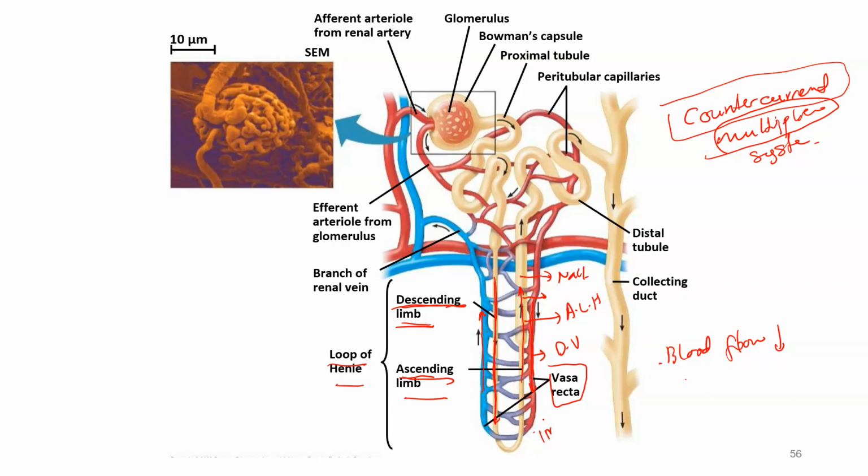So that's why process tu is countercurrent multiplier system. The flow of the blood in the vasa recta will flow in the opposite direction as filtrate in the loop of Henle. So when this fluid flows in the opposite direction, there will be exchange of materials, which is water and also sodium chloride.